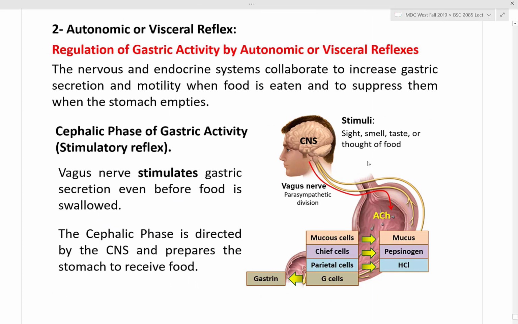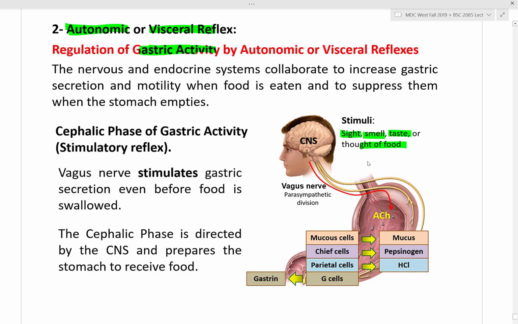So what is an autonomic or visceral reflex? Autonomic is automatic. Visceral reflex is within the body. Some of the examples that we're going to see in future topics are the regulation of gastric activity. For example, the production and stimulation as you see, smell, or taste, or think about food.